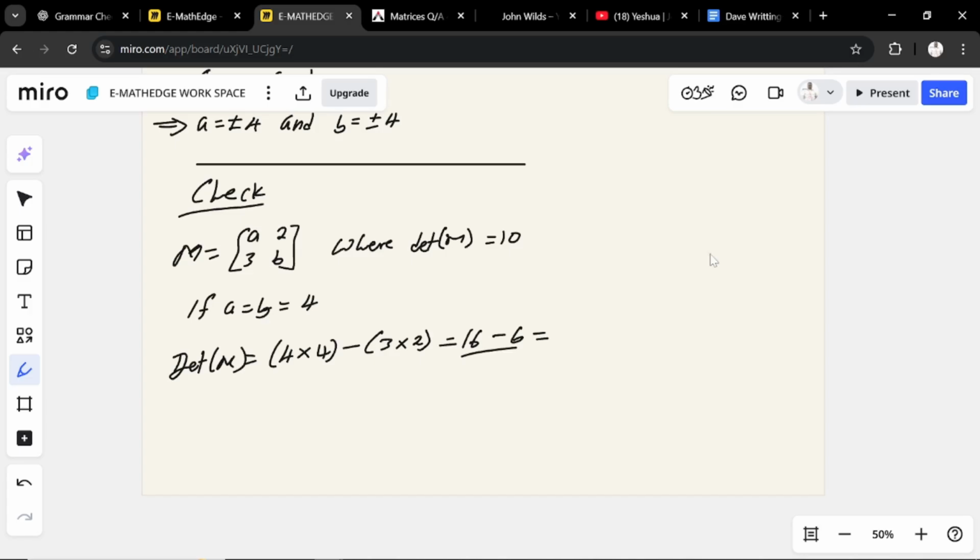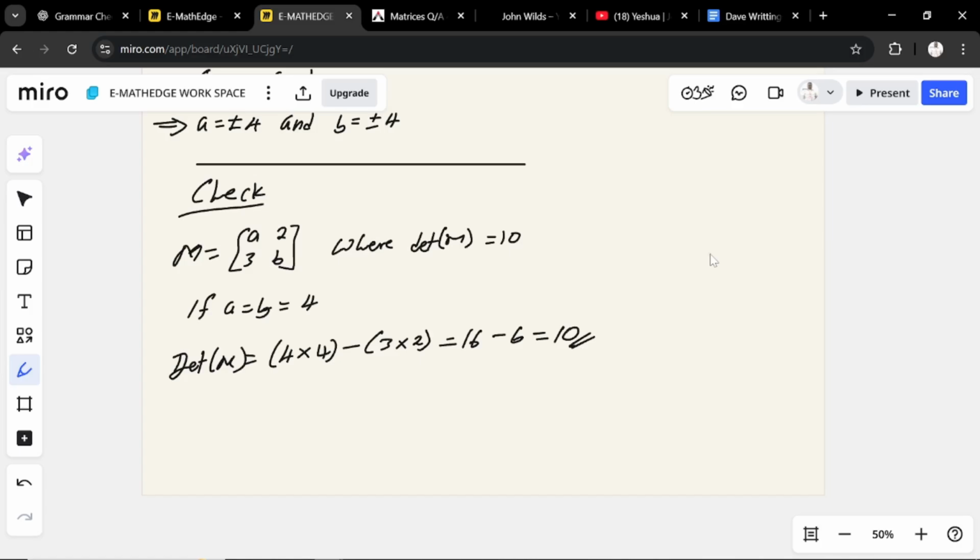So 16 minus 6 is going to give us 10, which proves that if A and B is positive 4, the answer is correct, which is 10.